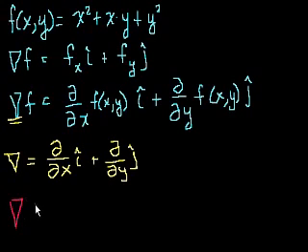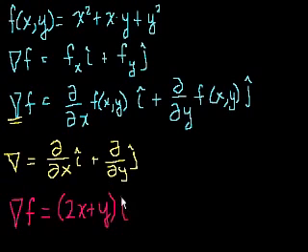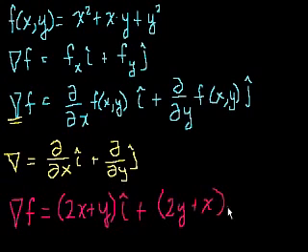So the gradient of our particular function: the partial with respect to x, we figured that out, is 2x plus y, and we multiply that in the i direction, or the x direction, plus the partial with respect to y, which is 2y plus x. We calculated this in the two videos on the partial derivatives. And we multiply that in the j direction.